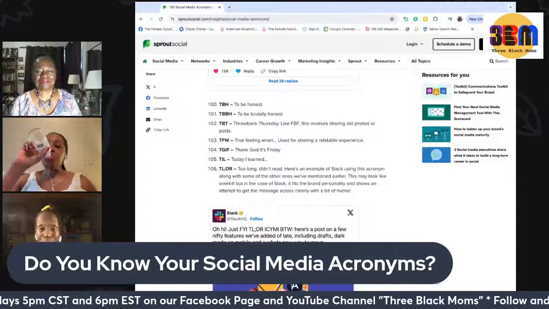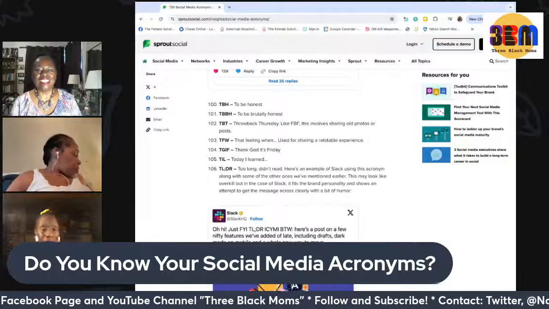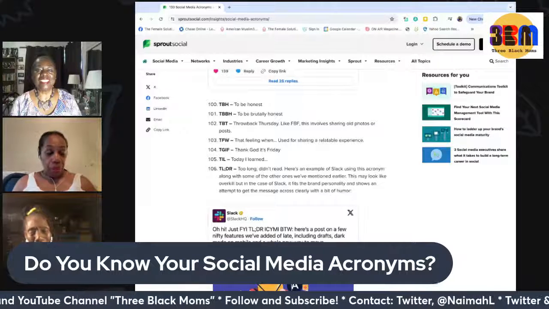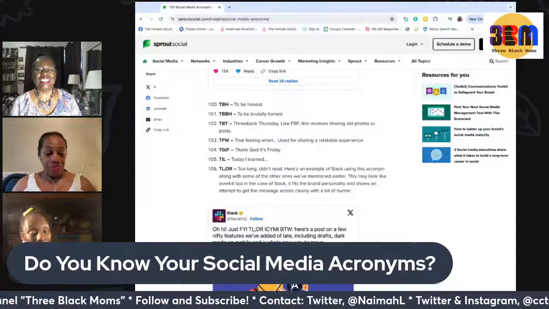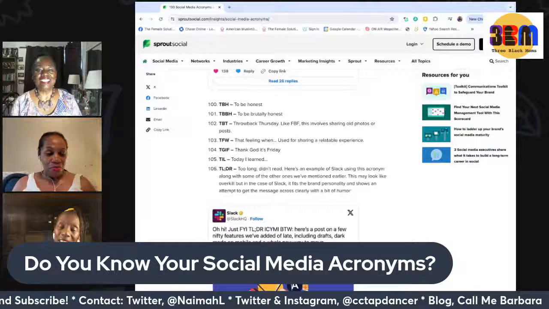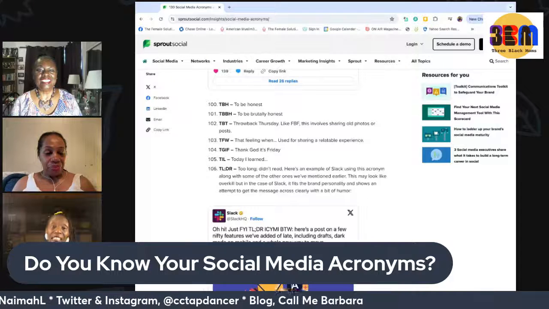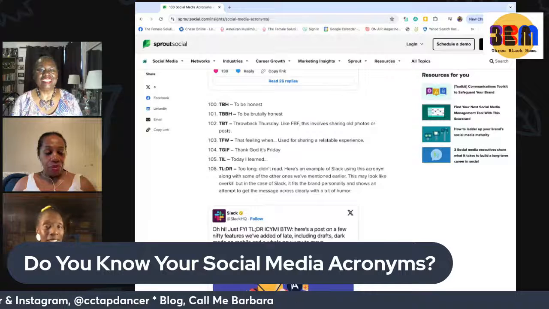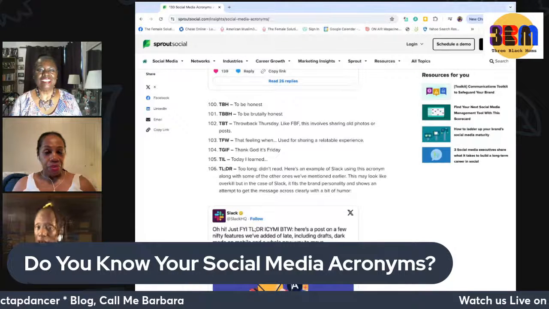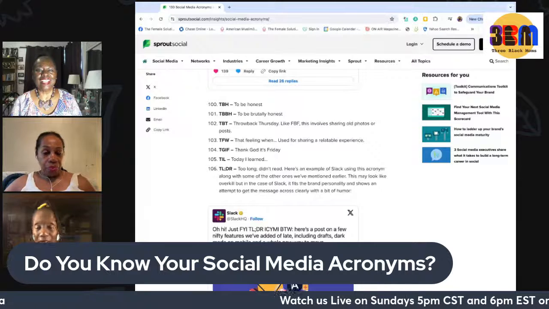So I'd rather just write the whole thing out because a lot of times people will text me things and they'll throw a couple of alphabets in there, and I'm like, what the heck? And I'm spending 15 minutes trying to figure out what they meant, and I finally figure out what the letters mean, but they could have just written it out. But I do understand that because communication is so rapid, there is a need to abbreviate things just for the sake of time.